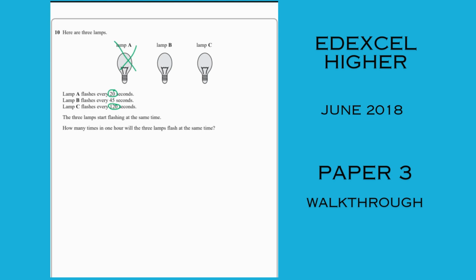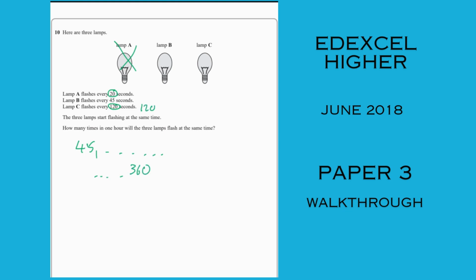So we only need to worry about lamp B and C flashing at the same time. So all we need to do really, you've got a calc, the numbers aren't horrible. You could do factor trees, but I would just list factors. List multiples of 45. So start with 45 and just keep going. You've got a calc or you've got mental arithmetic. Eventually you get to 360.